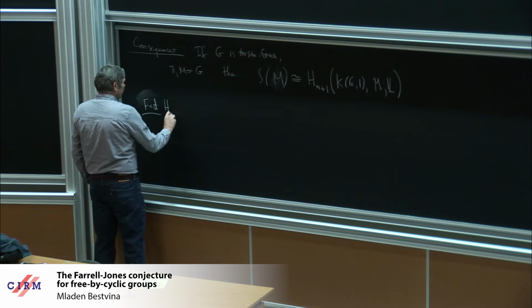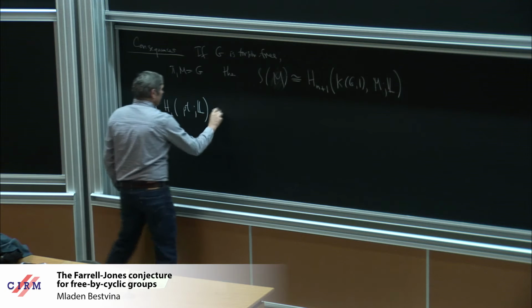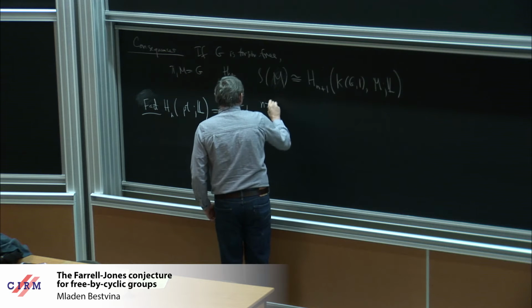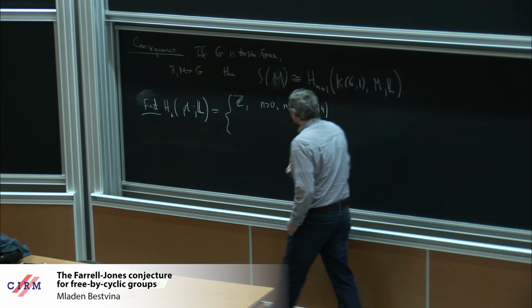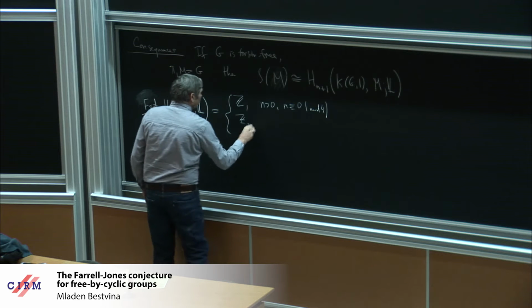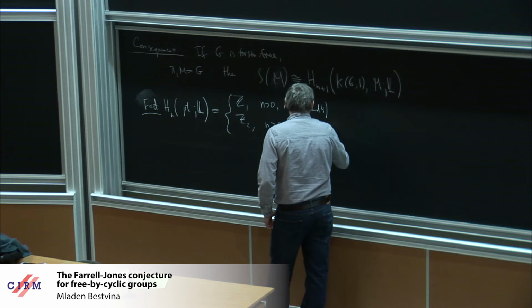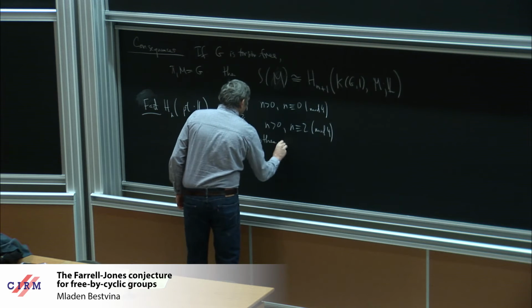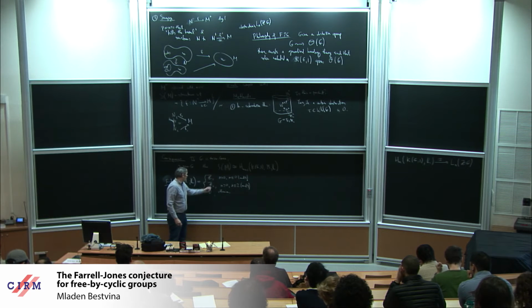Hn of a point, this funny homology theory, is going to be Z when n is greater than 0 and congruent to 0 mod 4. And it's going to be Z2 if n is greater than 0 and n is 2 mod 4. And it is 0 otherwise. Some of you who've maybe thought about simply connected surgery will recognize this. This is the signature, and this is the Arf invariant.